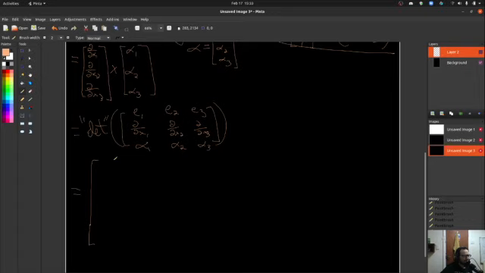So this formula is going to be, and the E1 is going to be del alpha 3 of del x2 minus del alpha 2 del x3, minus del x1 of alpha 3 minus del alpha 1 of del x3.